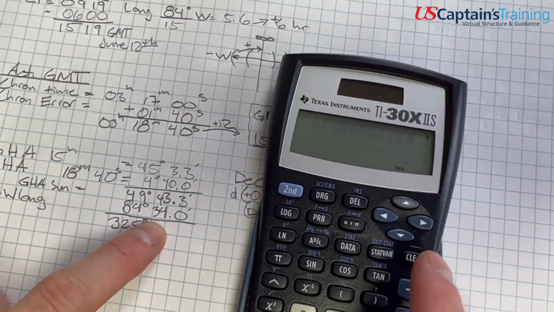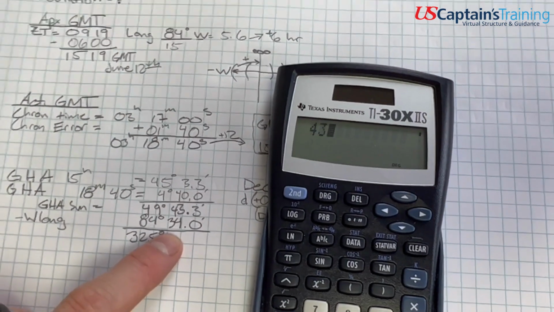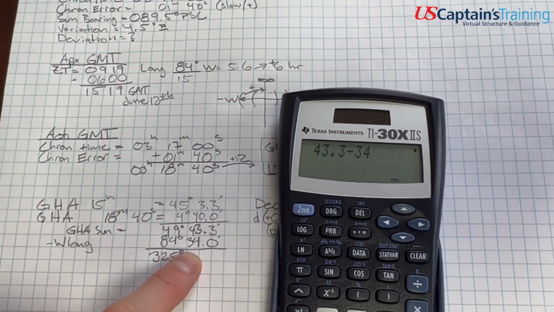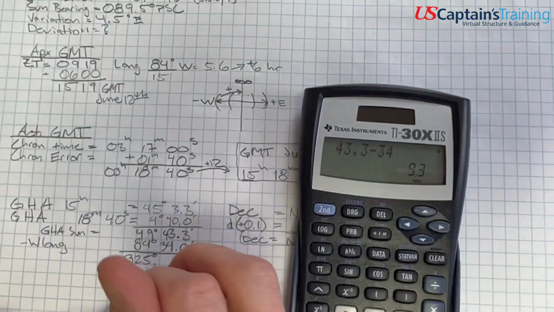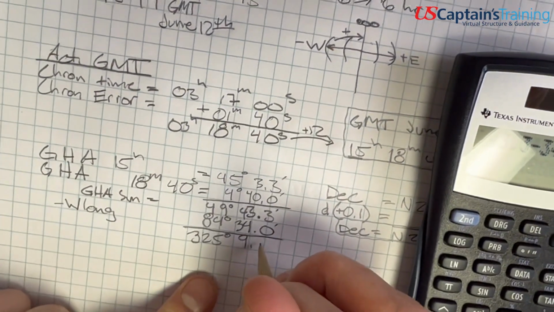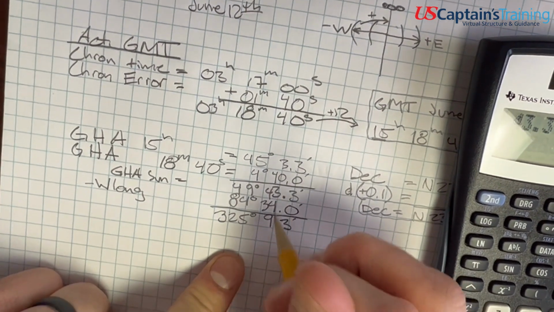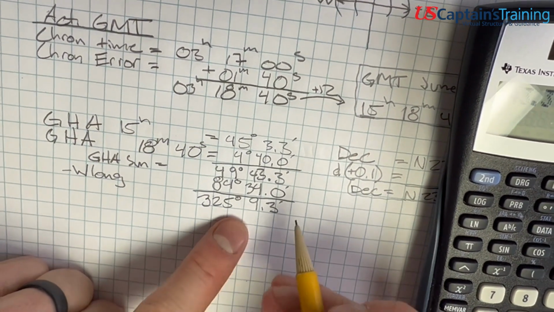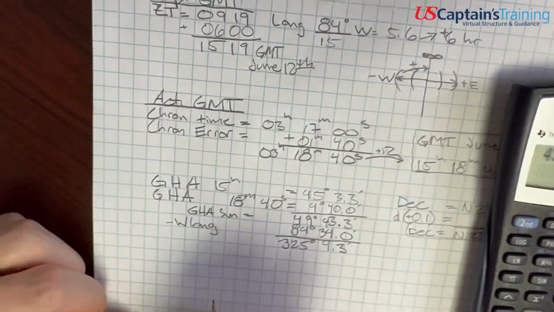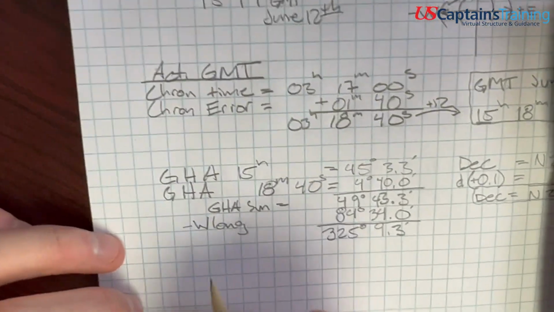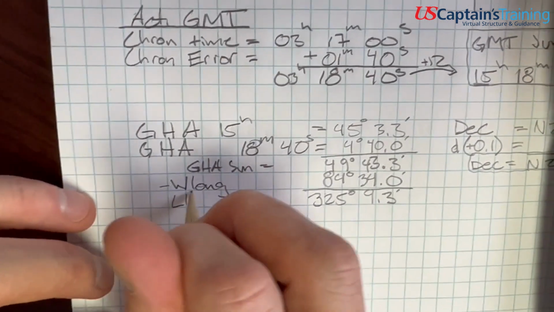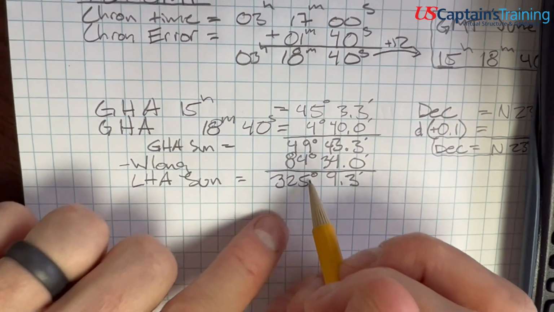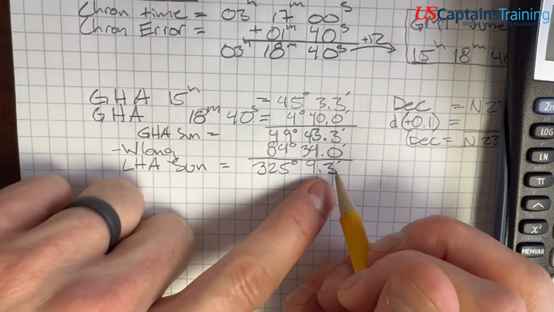So 43.3 minus 34 equals 9.3. Probably should have done this first to make sure I didn't have to borrow over here, but it worked out. So this is the LHA, the local hour angle of the sun. LHA of the sun is equal to 325 degrees, 9.3 minutes.